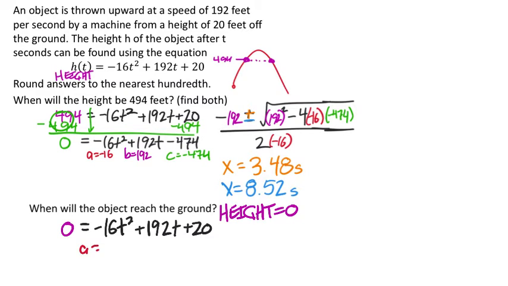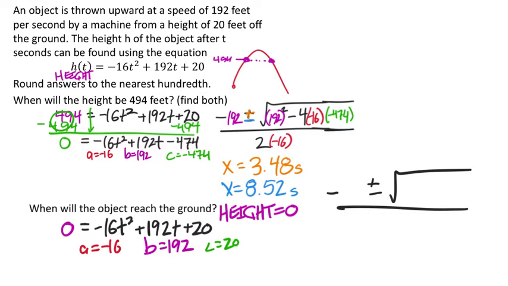So here I see that a is negative 16. Here, the b is 192, which kind of matches what we had up above, but now the c value is just the original one that was given at 20. So we're going to put this back into the quadratic formula, plus or minus with some square root, fun business.